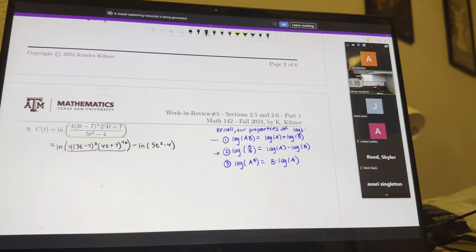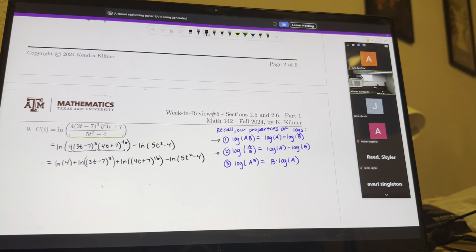So we can use property 1, that if we're dealing with a product of 3 things, we can rewrite it as a sum of 3 separate logs. So the natural log of 4 plus the natural log of (3t minus 7) cubed plus the natural log of (4t plus 7) to the 1/6. And then we already have this minus natural log of 5t squared minus 4.